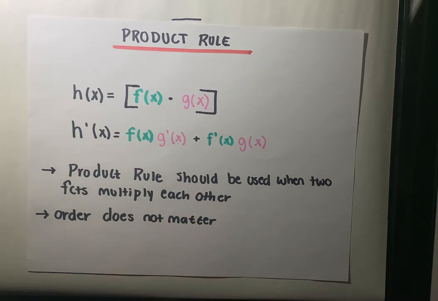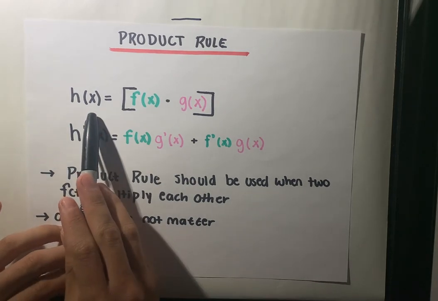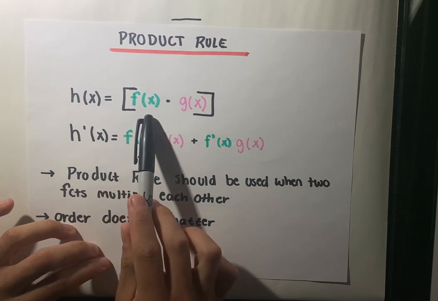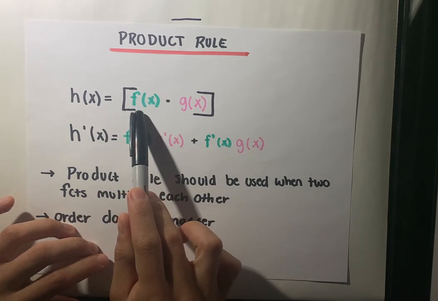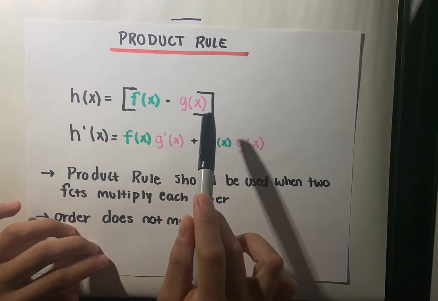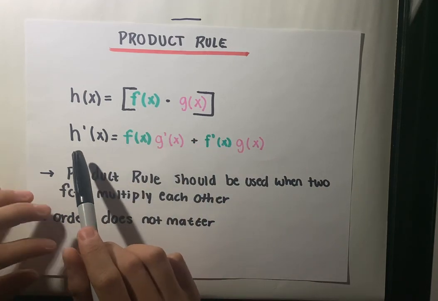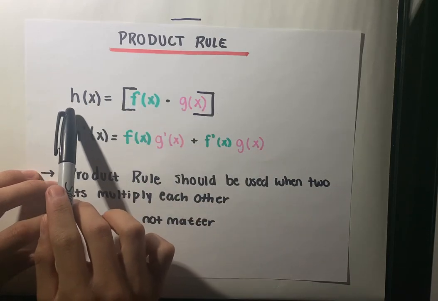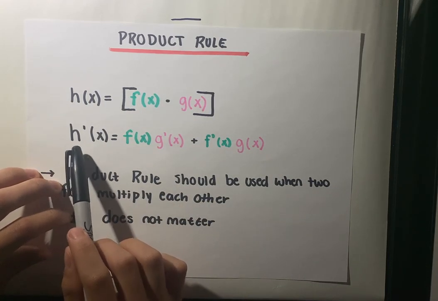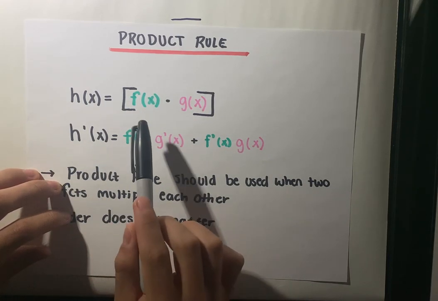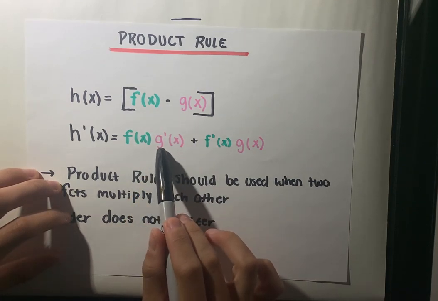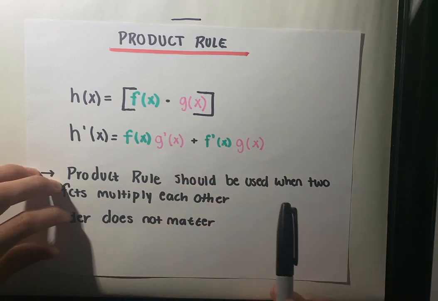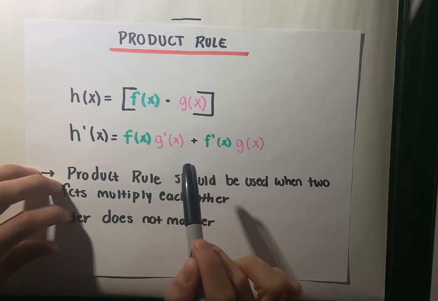So let's get started. The product rule says that if you have a function, h of x, and this function is composed of two functions inside of it multiplying each other, in this case f of x multiplied by g of x, then the derivative of the entire function h of x is going to be the original first function, f of x, multiplied by the derivative of the second function, g prime of x.